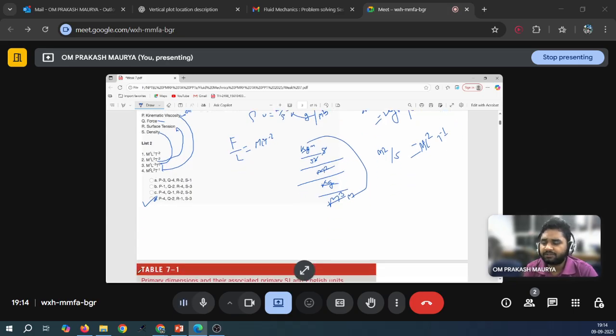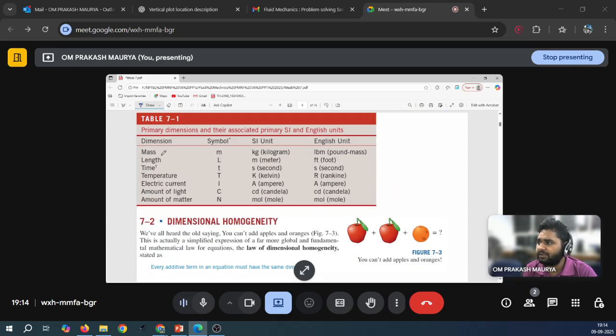Okay, let us move on. Here you have the primary dimensions: mass, symbol M; length, symbol L; time; temperature; electric current; amount of light; and amount of matter.